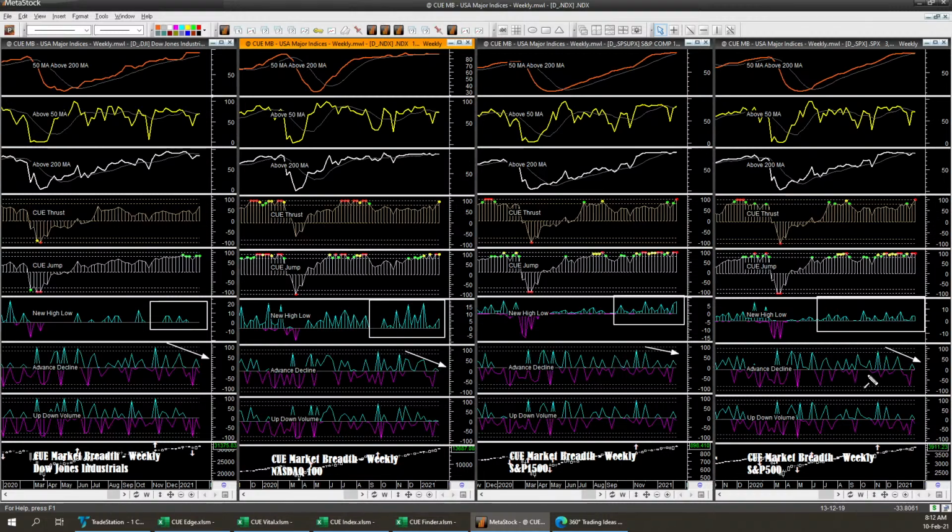That is true, though the market made new all-time high, the advanced decline for all the four major indices is rolling over. The highs are becoming lower and the lows are becoming lower also. The same is seen from the up-down volume also.